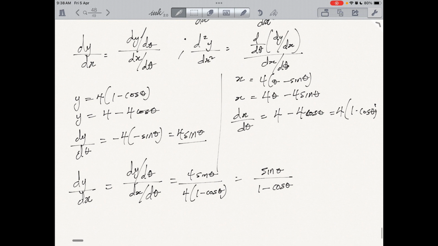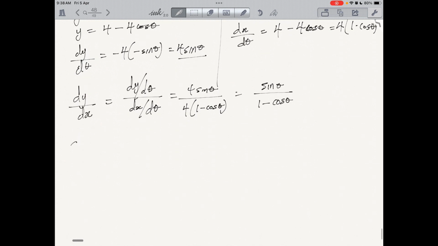The next thing we are going to do is to evaluate d squared y/dx squared. d squared y/dx squared is d/d theta of dy/dx divided by dx/d theta.